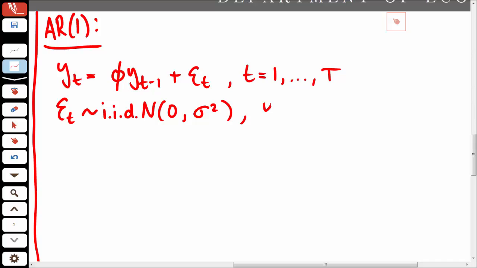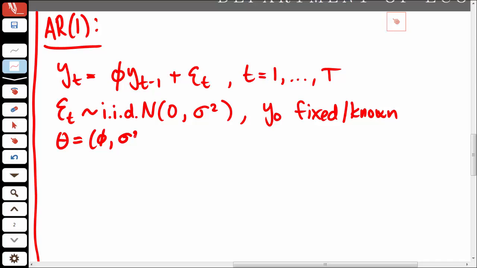We condition on y_0, so we can consider y_0 as fixed or known. Our objective is to estimate the model parameters phi and sigma squared. These are contained in the vector theta.